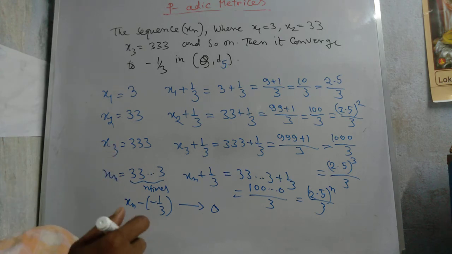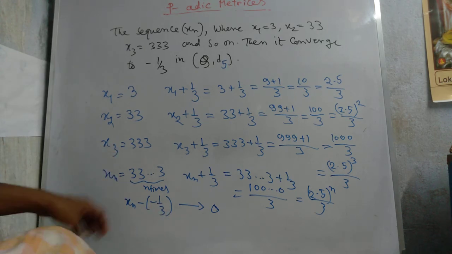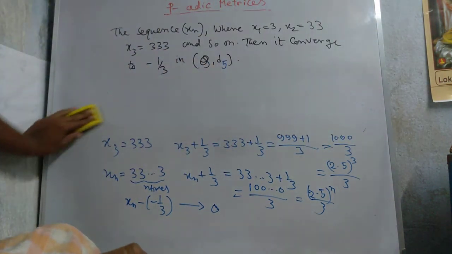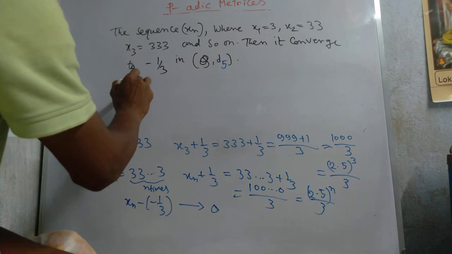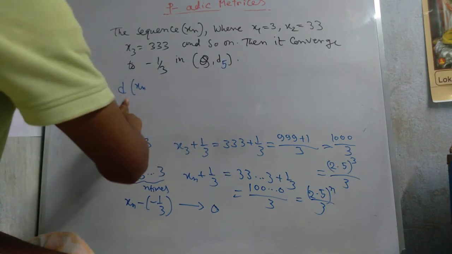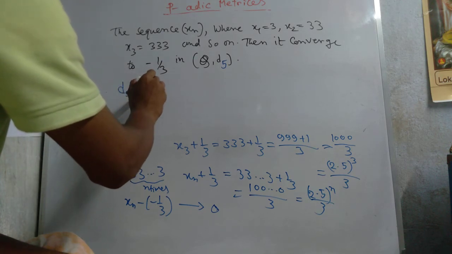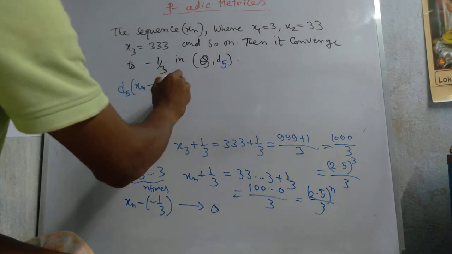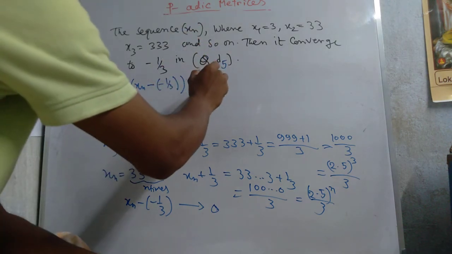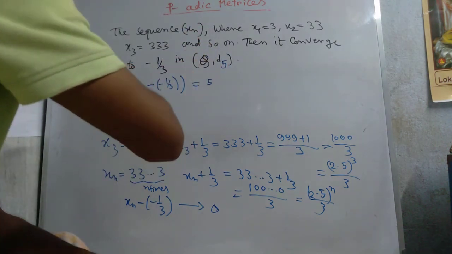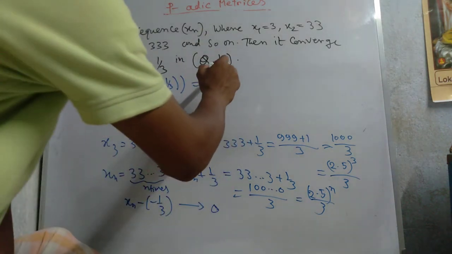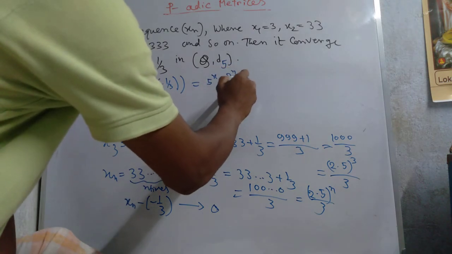Then we write it so easily. We erase this portion first. We write it in metric form, d_5 of x_n minus (-1/3), not d_p. Equal to how much? Here it is 5 to the power n into 2 to the power n by 3.